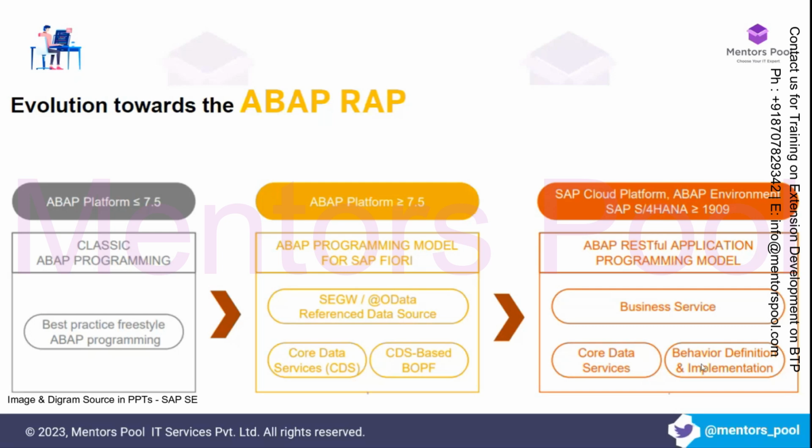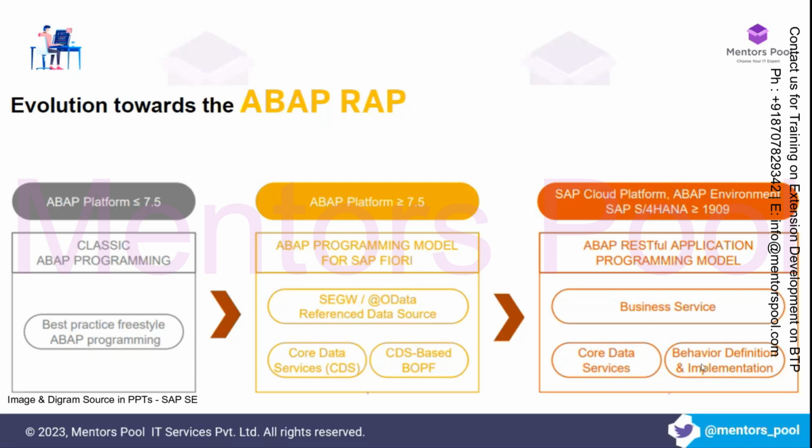After that came the ABAP programming model for Fiori development, where we used to create SEGW projects to build OData services. And in the same space, there was also a time of a few years when we were building BOPF, Business Object Processing Framework based OData services, rather than SEGW.